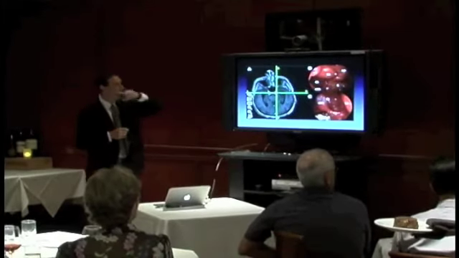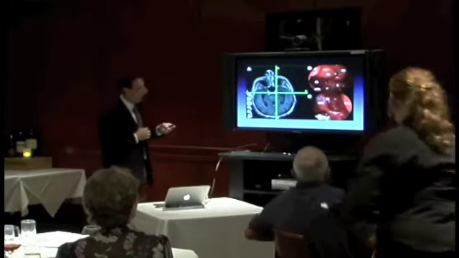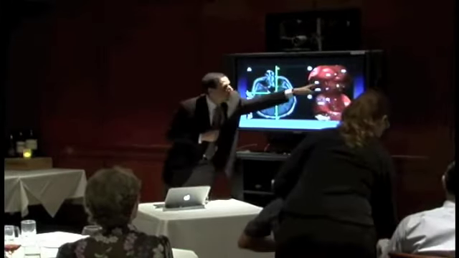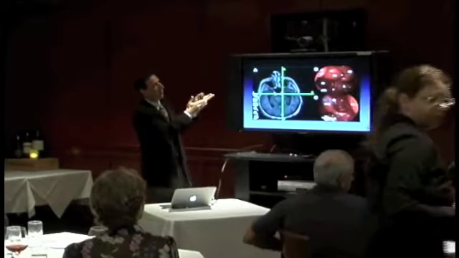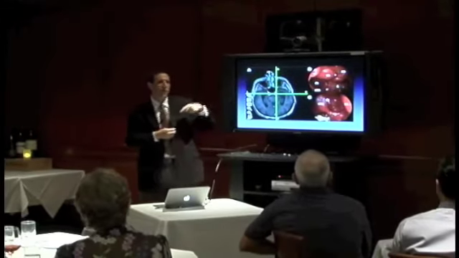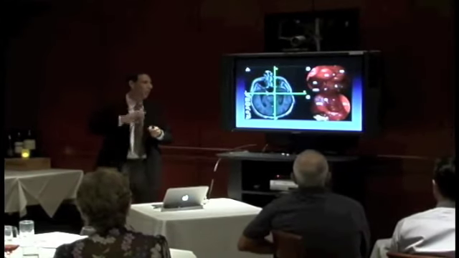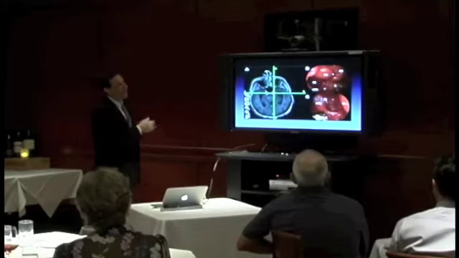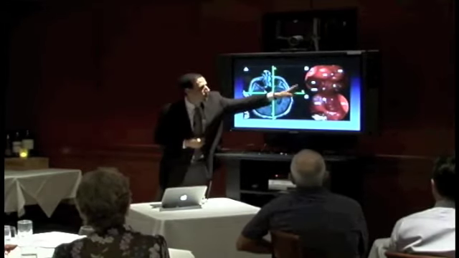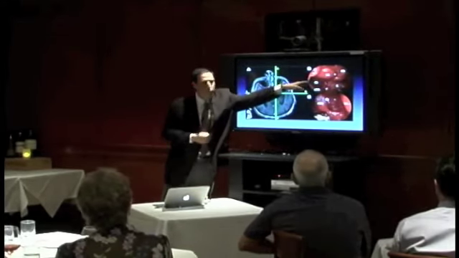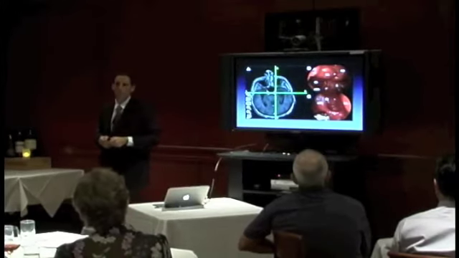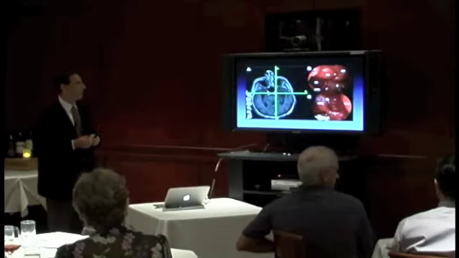And so on the top right, we actually can see the approach that we took. This is kind of the midline here, so we're off to the right. DS means diaphragma sella. So that's kind of the pituitary area. We've come to the side of it. We've exposed the carotid artery, and then we advance the endoscope through that cavity between the pituitary and the carotid to get to where the tumor was.